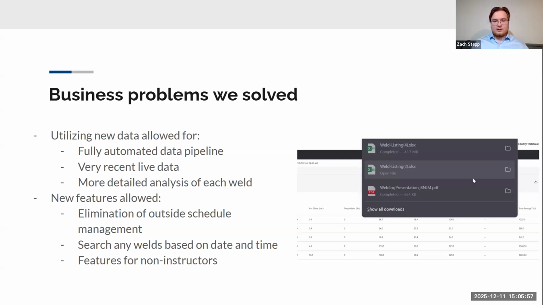Previously, you would only search based on the semester or the course, but if somebody is doing some welding outside of class time and they want to go back and see how they were doing, this opens up that opportunity, as well as features for non-instructors like a live feed or anybody really being able to access the app.